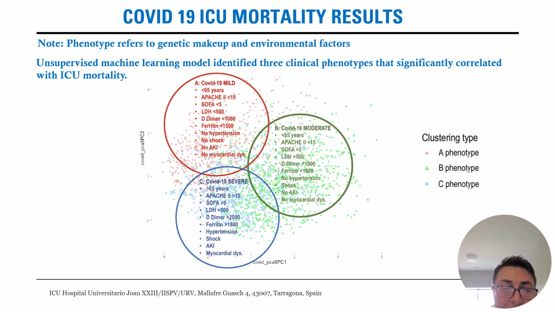I'm going to look at some of the input, starting at the bottom. Myocardial dysfunction, I'm assuming DYS is. Here these people have that. Here they don't have it. Here they don't have it. So the severe group does have it. AKI: no AKI here, no AKI here either, no AKI there. And they have shock here, no shock there.